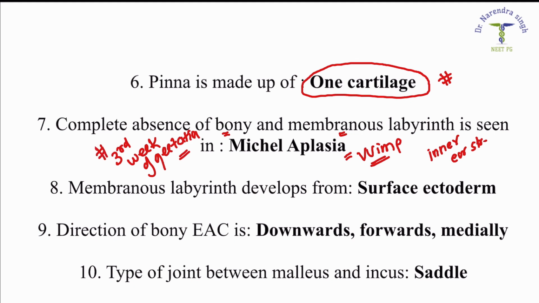So, there can be a question on which structures are absent in Michel aplasia. We can say the bony and membranous labyrinth is completely absent, or we can also say inner ear structures are absent, and this occurs due to failure of development of the otic placode before or at the third week of gestation.